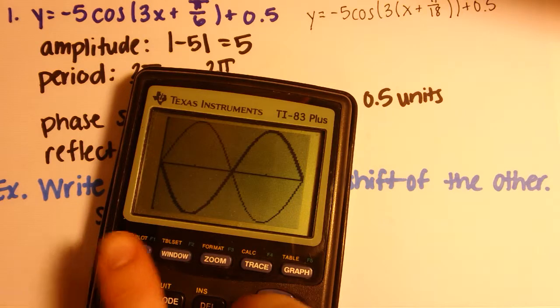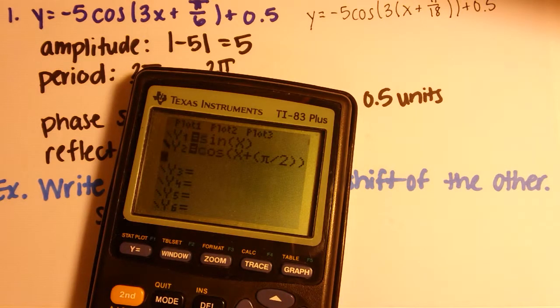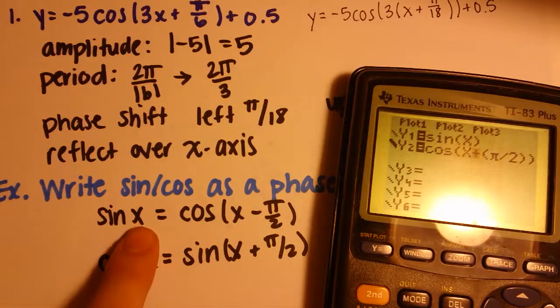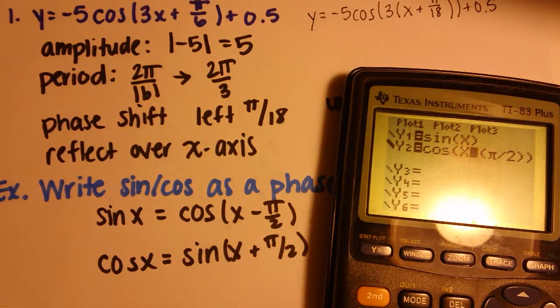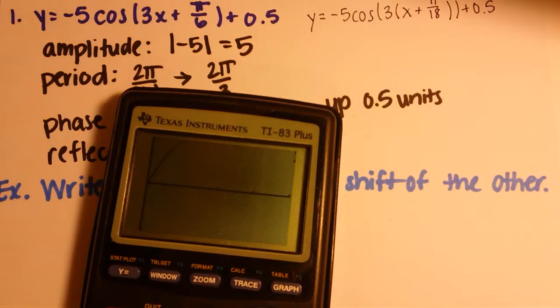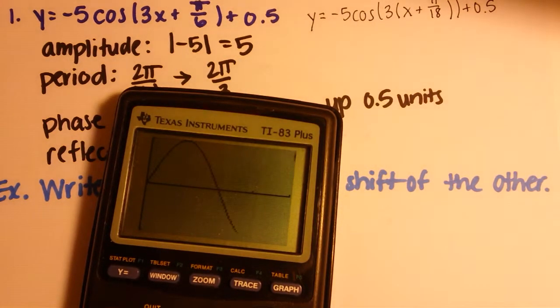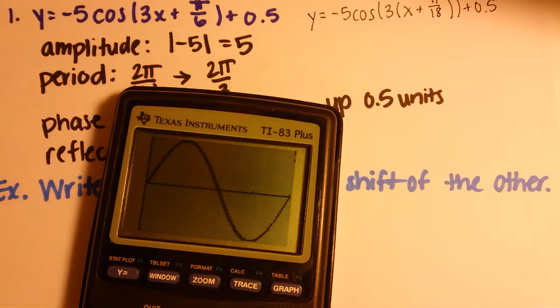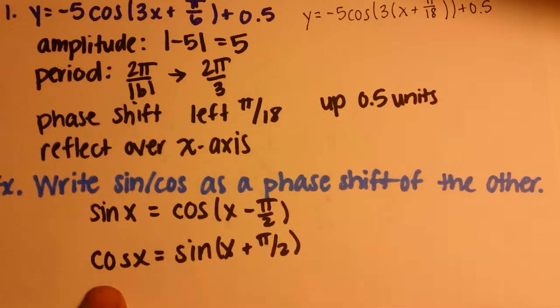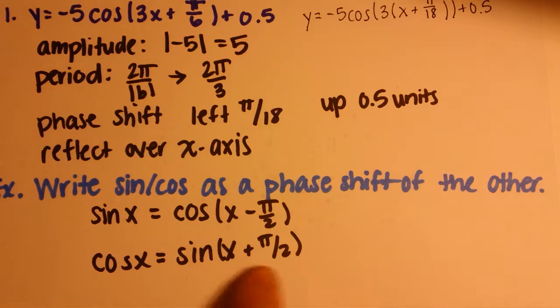Doesn't quite work. So now, this is why we can see that our sine was actually our cosine minus pi over 2. And let's see what happens here. So there's our sine function. Here's our cosine function. It traces right over it. So this is how we can see why sine is cosine minus pi over 2. And then our cosine would be sine plus pi over 2.